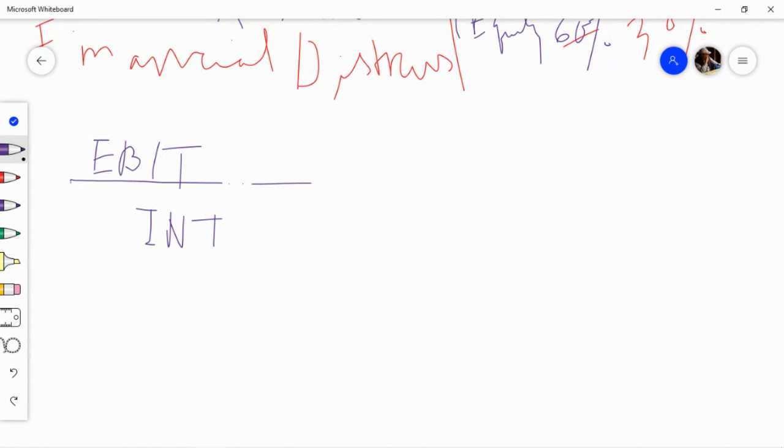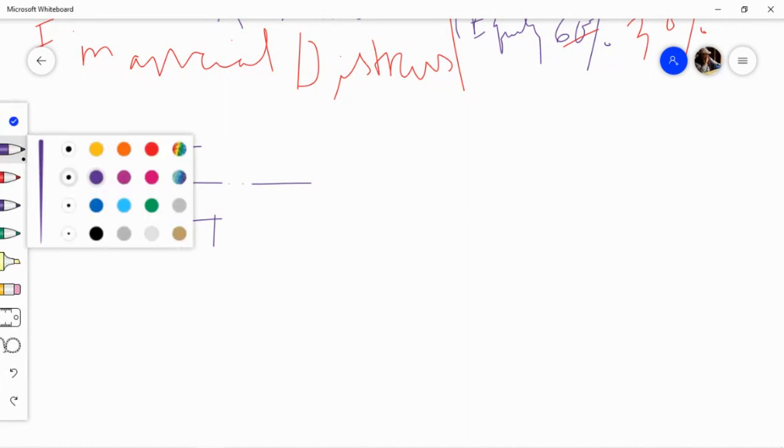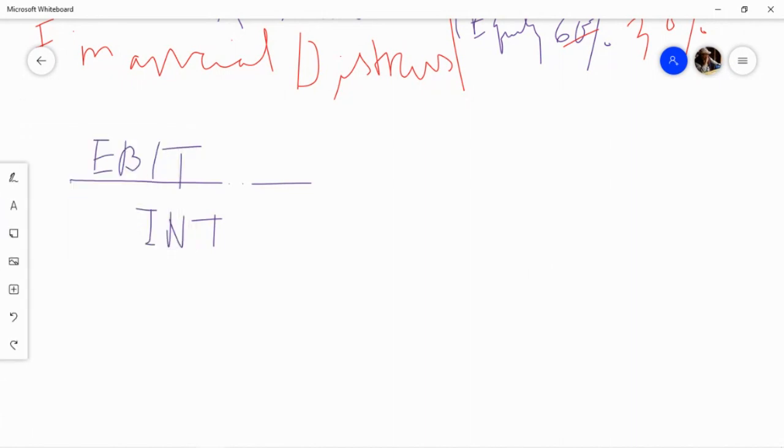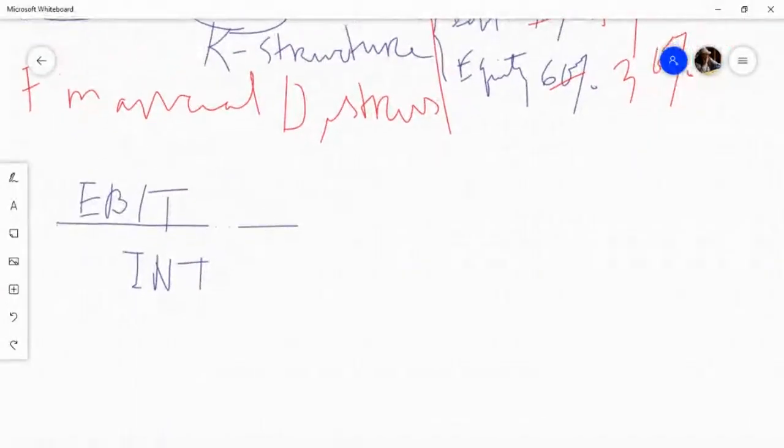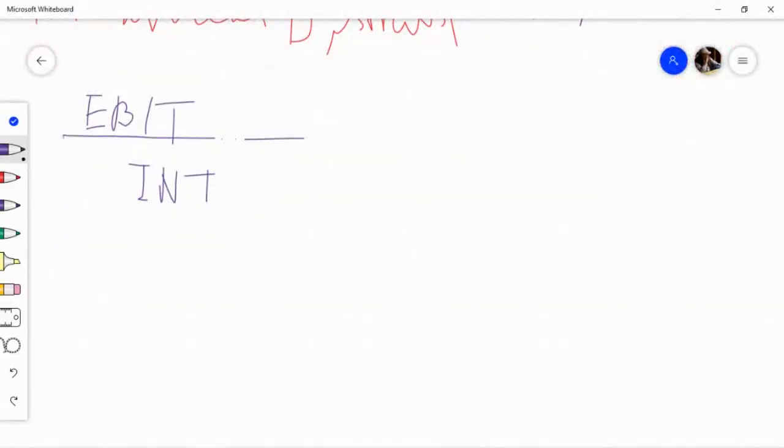However, EBIT is not all of the cash flow.